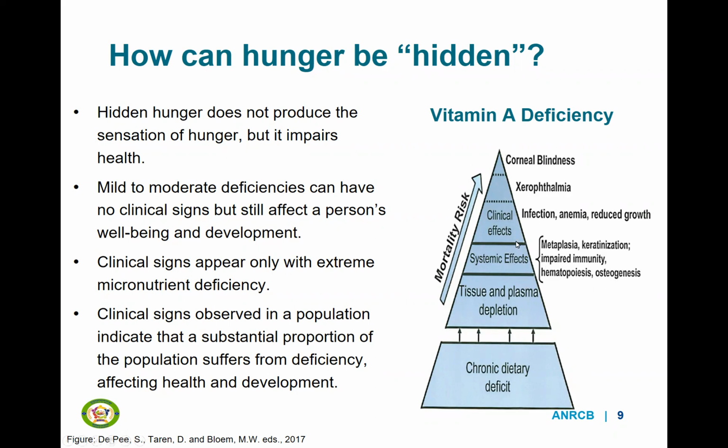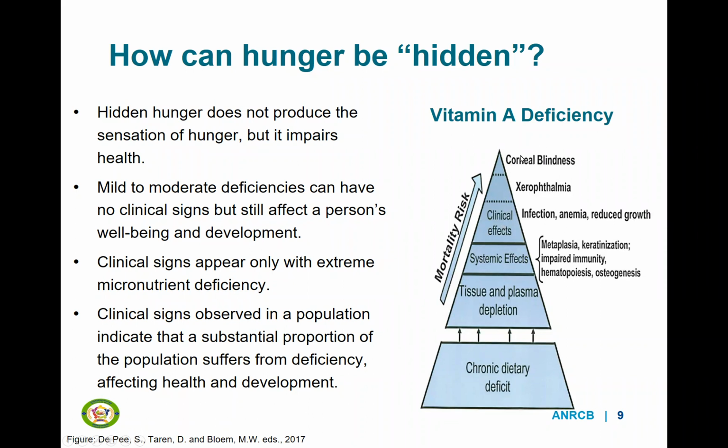As this continues and worsens, only then do you start seeing clinical symptoms. So this effect on your immune system can make you more vulnerable to infectious disease. Effects on blood production can lead to anemia. Effects on bone growth in children can lead to reduced growth.